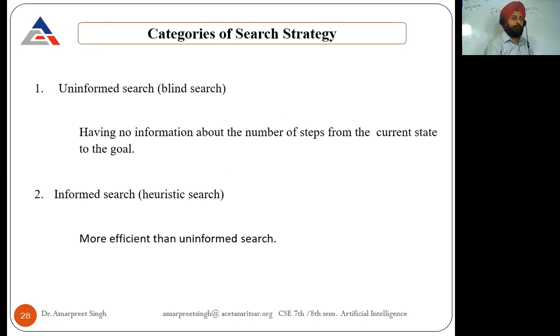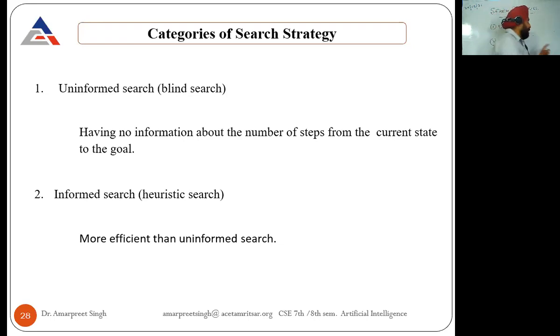So, categories of search strategy. There are two categories. Number one is uninformed search. Second is informed search. In uninformed search, you do not have any information except the initial state, the goal state, and the nodes.